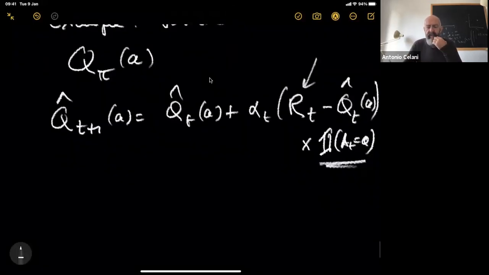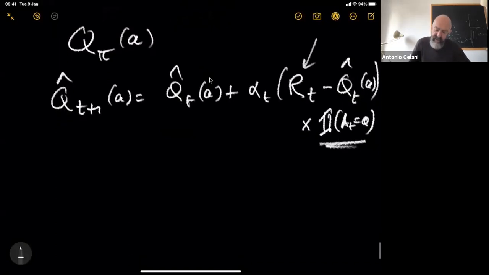So it will not come as a surprise that if you do the same kind of calculation that we did for the value function, but now for this situation, the formula turns out to be very similar, except that now you don't count time t, but you count the number of times that you have done that particular action. Okay, it's easier written than said.